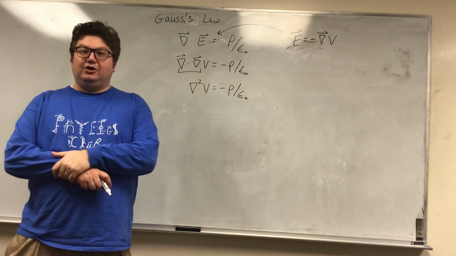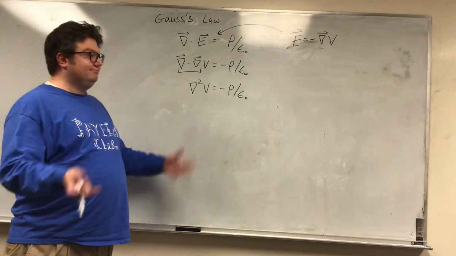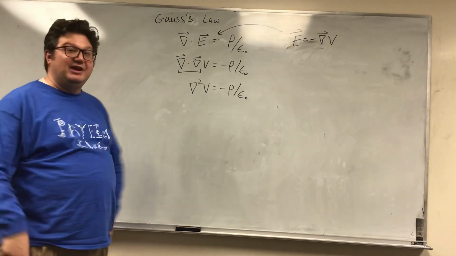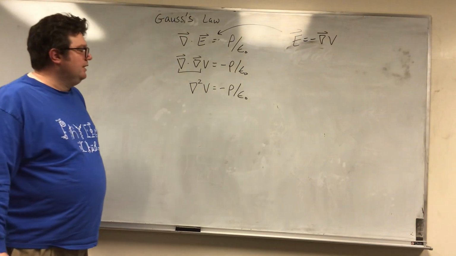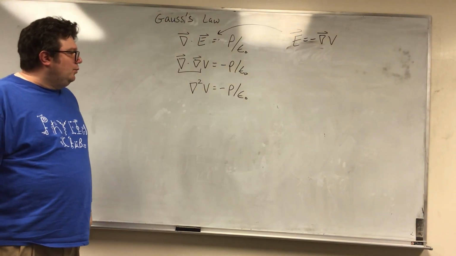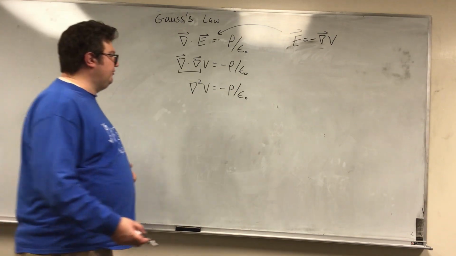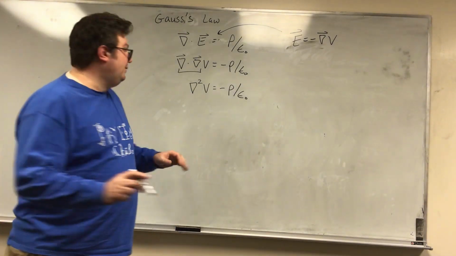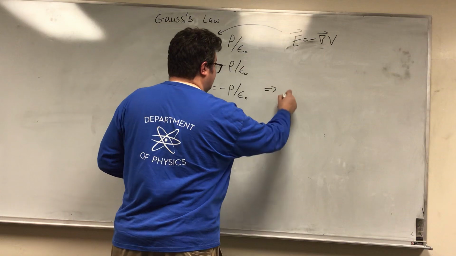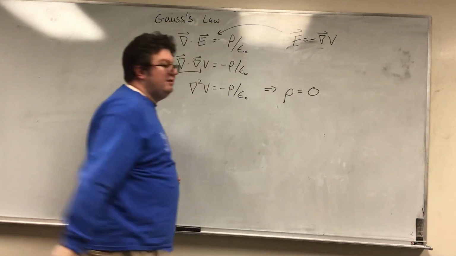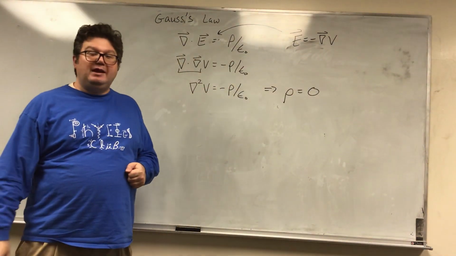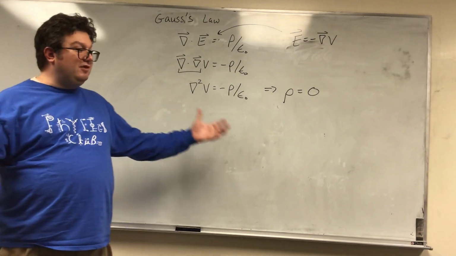Okay, so at first this just looks like another equation we have to memorize. But we really can think about how powerful this is, because in many situations, the charge density is 0, right? You have nothing there, empty space.